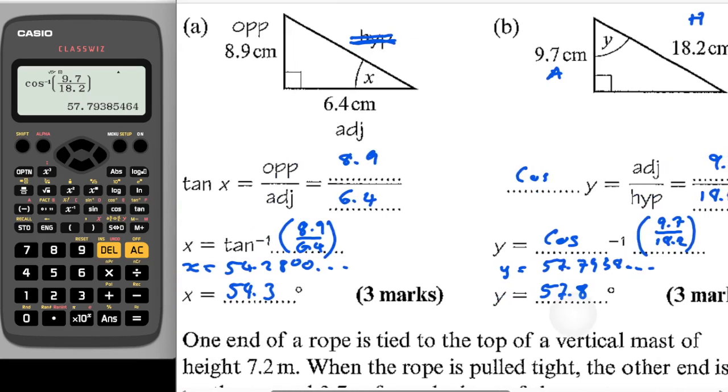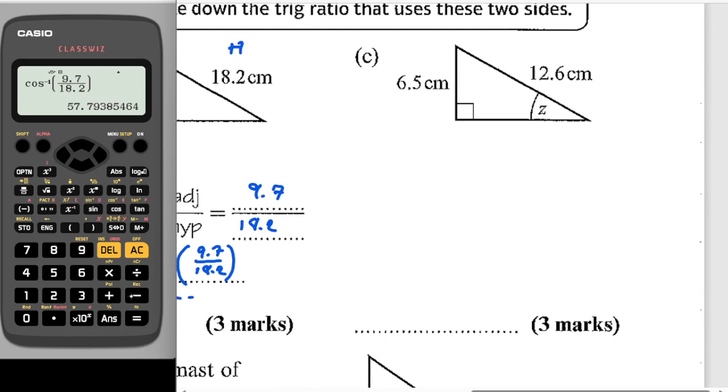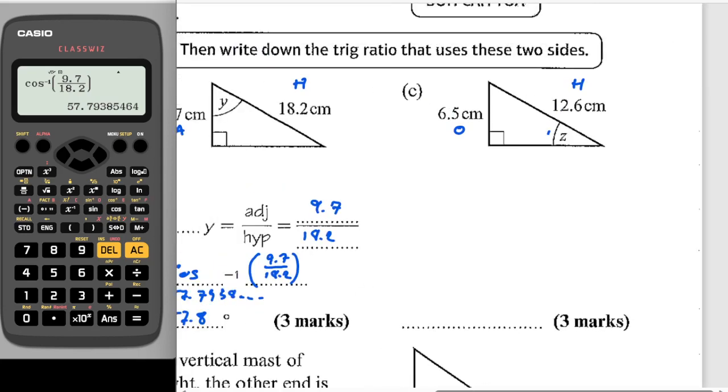Okay, so my next one then. From scratch, if this is the angle that we're working with, this is going to be the hypotenuse and this is going to be the opposite. So I'm using the sine ratio this time.